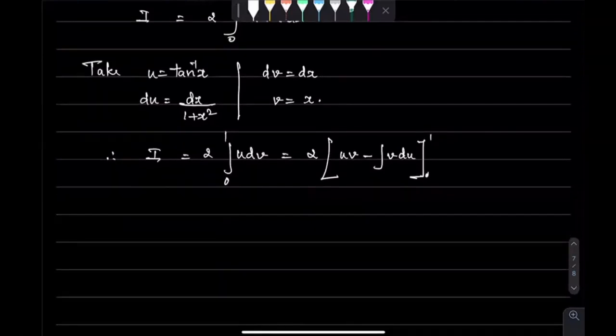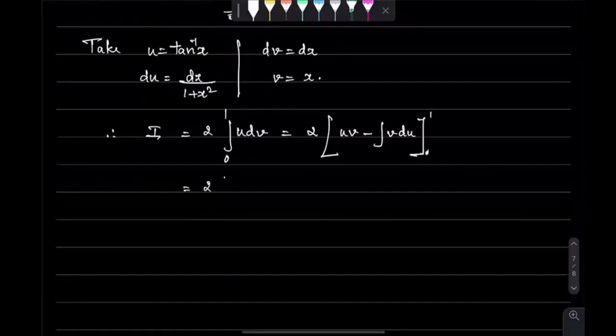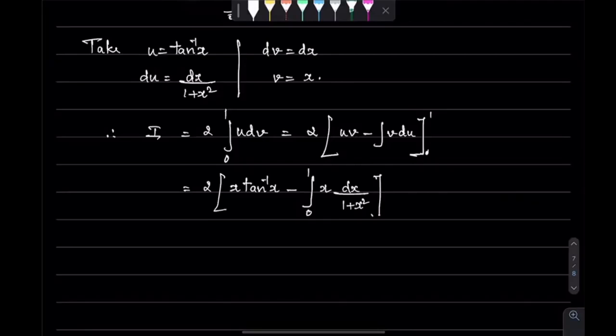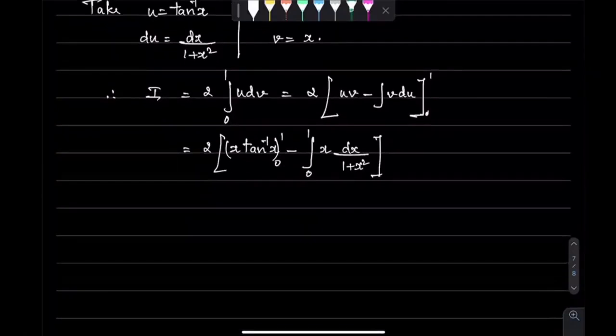So if I try to substitute those values, 2 times of what is uv? x into tan inverse of x minus integral v, which is x, du, which is dx by 1 plus x square, 0 to 1 limit. Make sense? So here you have the limit 0 to 1. So can I integrate this now?